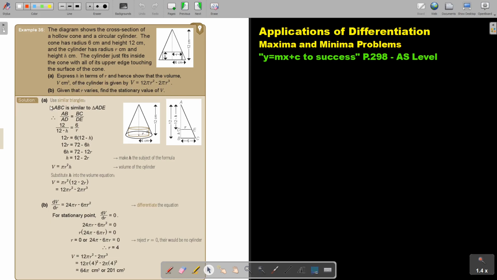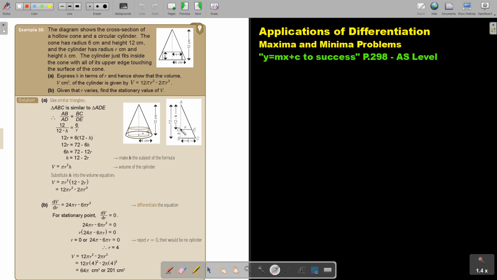Okay. We are going to make use of similar triangles. So we take this picture and we make it two-dimensional. If that is 12 and that is 6 and that is h and that is r, that is the cylinder.